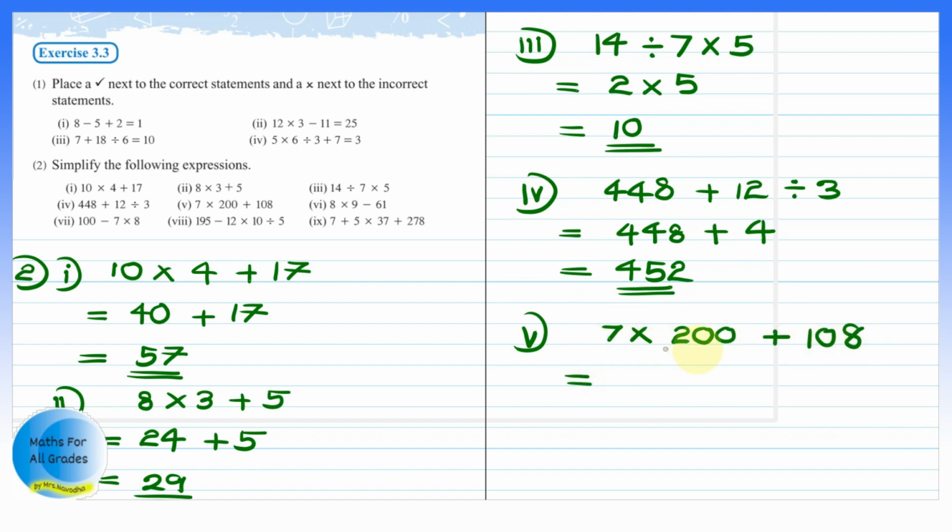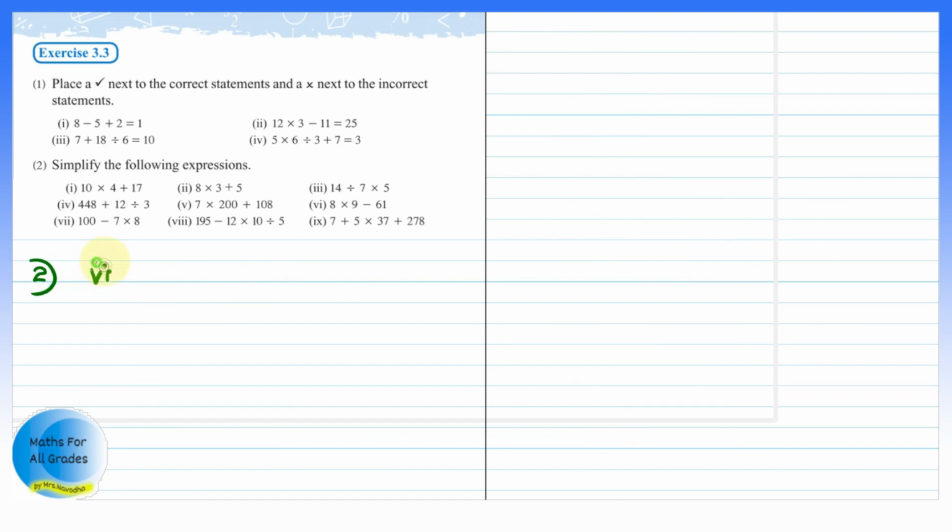Row number 5. 7 times 200 plus 108. Let's do the multiplication first. 7 times 200 equals 1400. 1400 plus 108 equals 1508. Row number 6. 8 times 9 minus 61. 8 times 9 equals 72. 72 minus 61 equals 11.